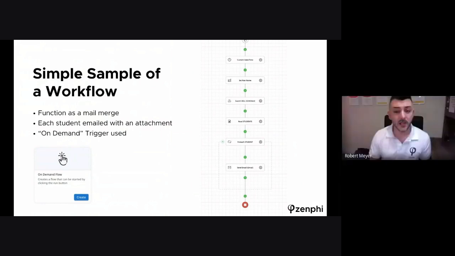The first two steps you'll see there are something that I've become fond of, through my experience with Zenphi. I've been using it on a daily basis for over a year now. The first two steps are something I now use on all of my workflows. The current date and time you see there is basically a timestamp.